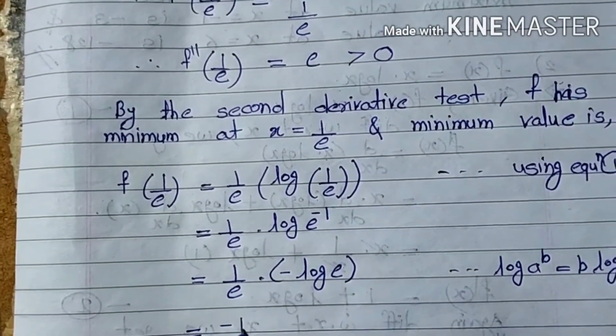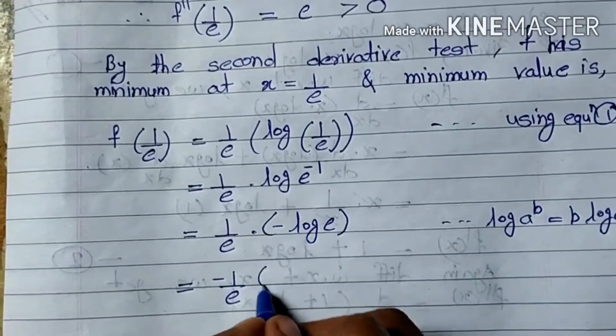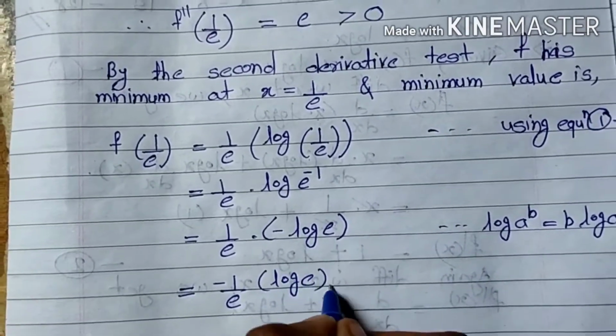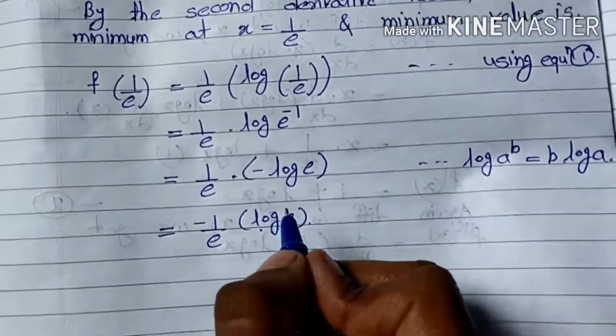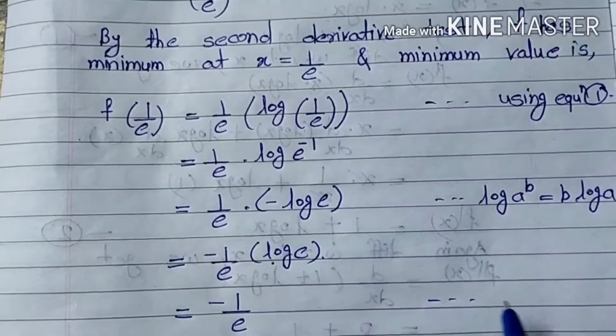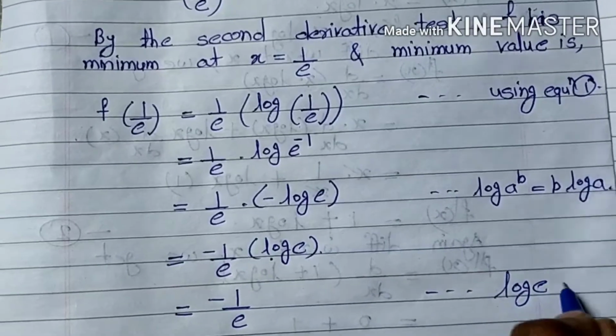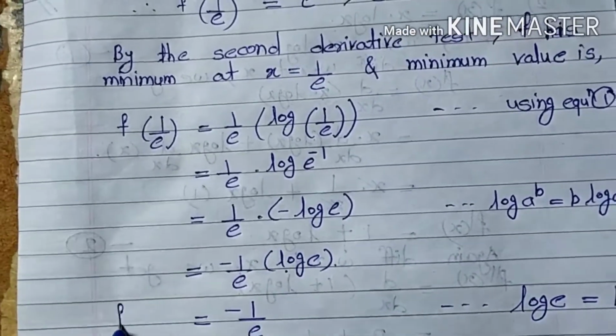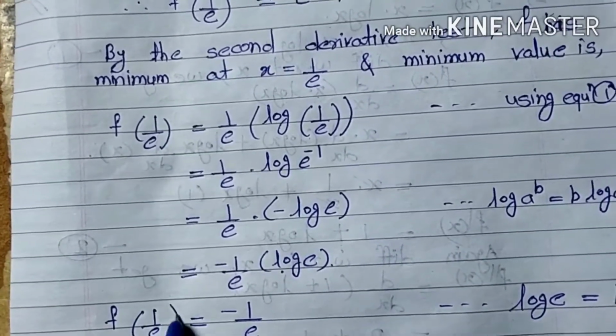So it will become minus 1 upon e into log e, and we know that the value of log e is 1. So here is only minus 1 upon e. Log e equal to 1. So this is f of 1 upon e.